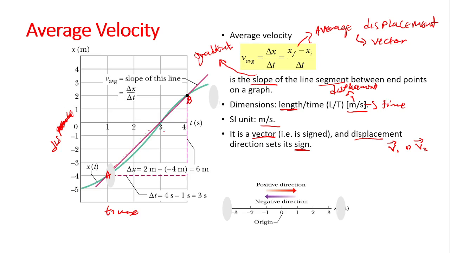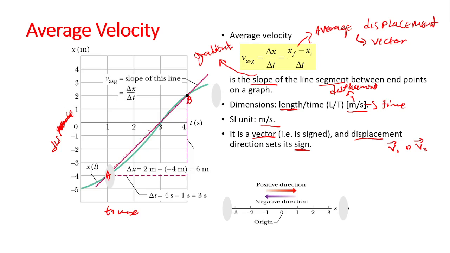Because velocity is a vector quantity, the average velocity is 0, because the displacement it covered going up is the same displacement it has covered going down.